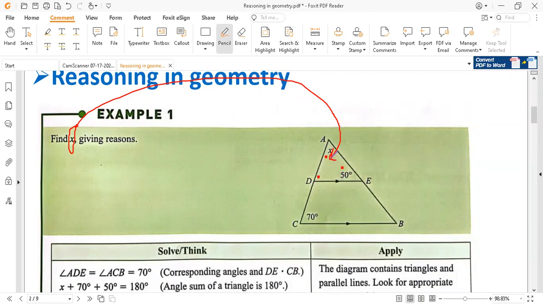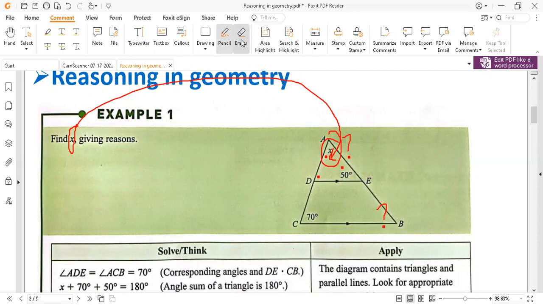Also, if we ask ourselves about x in the bigger triangle ACB, we have x as unknown, we have b, whose measure we also don't know, and we have 70 degrees as the angle C. So it is also impossible to reason based on the sum of angles in the biggest triangle ACB to calculate x.